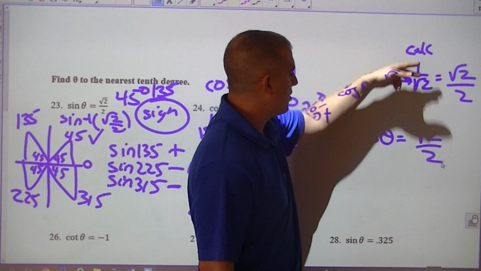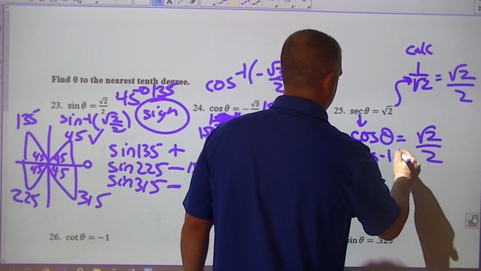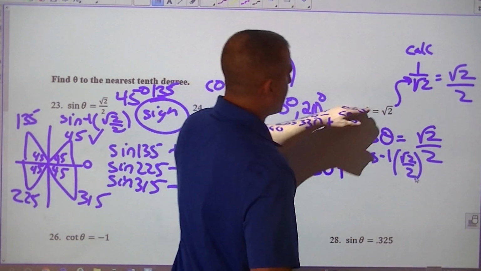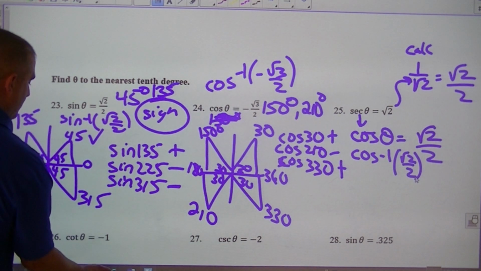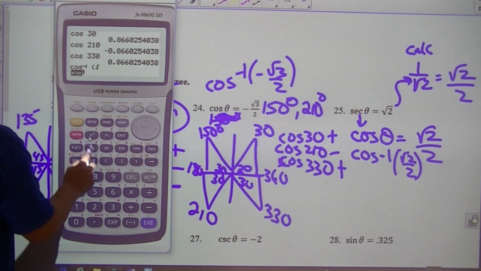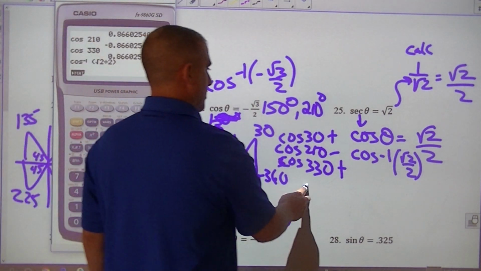Then you do the inverse of square root of 2 over 2. It's almost like you forget about the secant, because all you've got to do is turn that around. So square root of 2 over 2 is going to be 45.